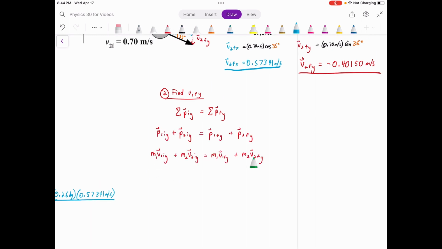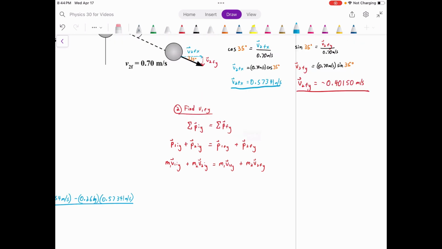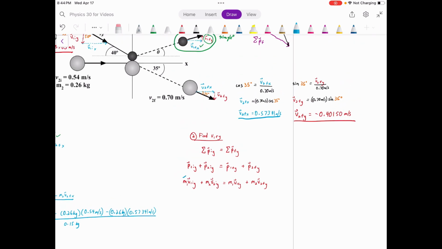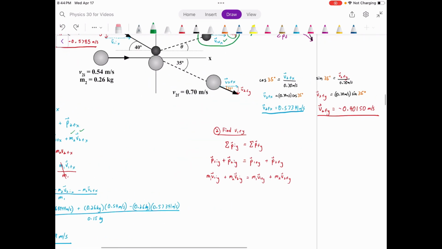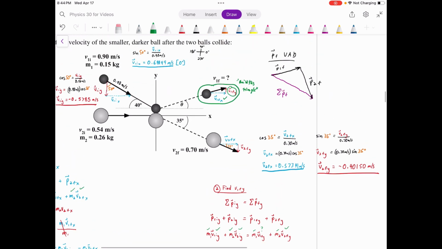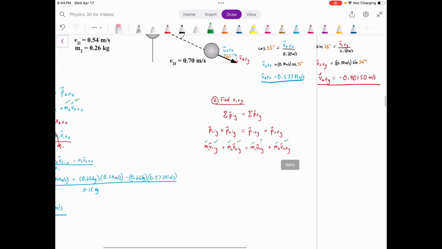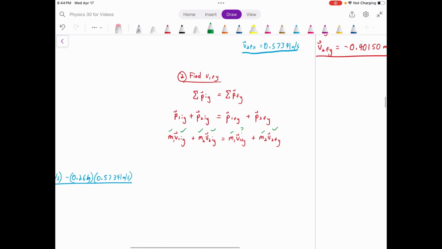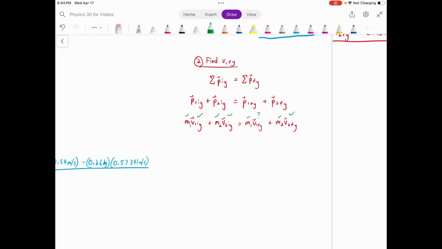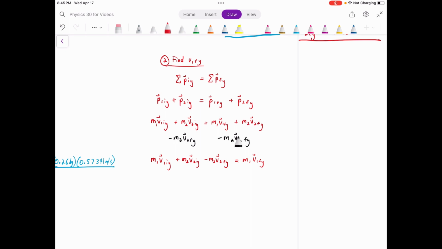So that gets us to here, and once again we have all of this stuff, except for the one thing we're trying to find, which is the y component of object 1's final velocity. So let's solve for that, and then we can plug in our numbers and we'll have two sides of our triangle. So subtract this from both sides, and then divide both sides by the mass of object 1.